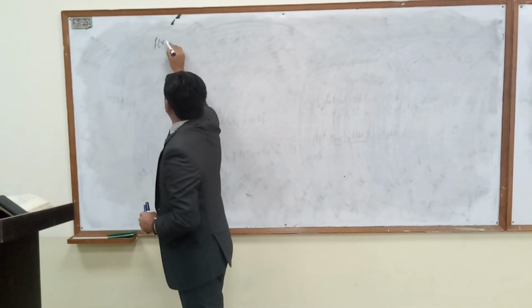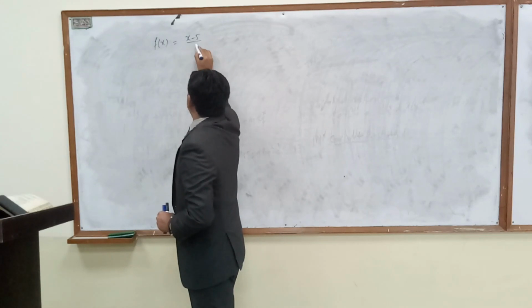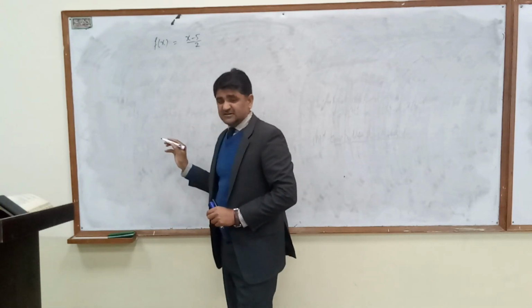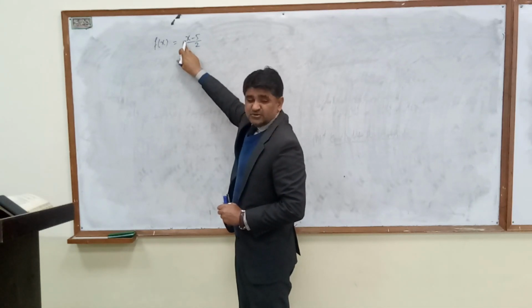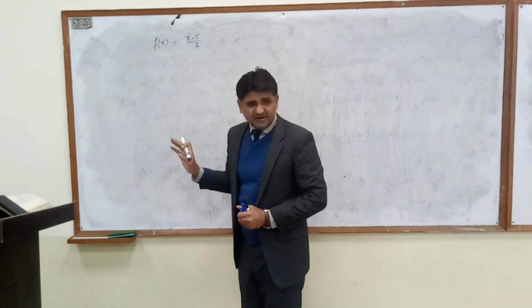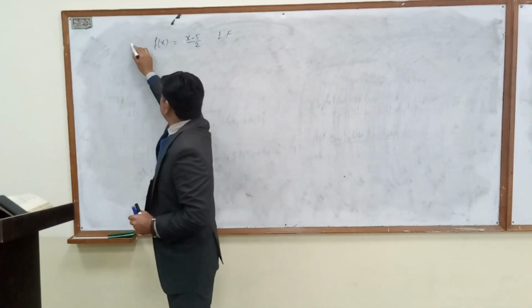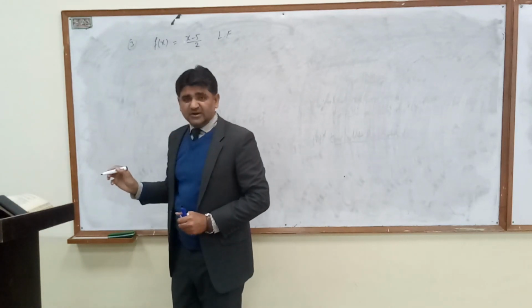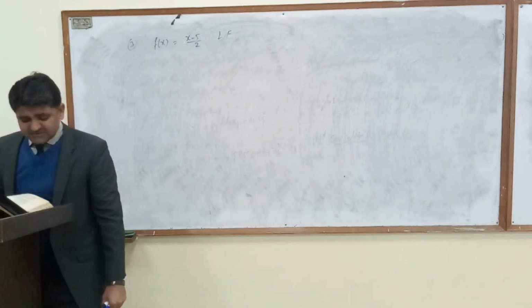F of x is equal to x minus 5 whole divided by 2. In this case, we are concerned about the variable. So the variable having power 1 is called a linear function. Question number 3, that is a linear function. Got the point? Yes.